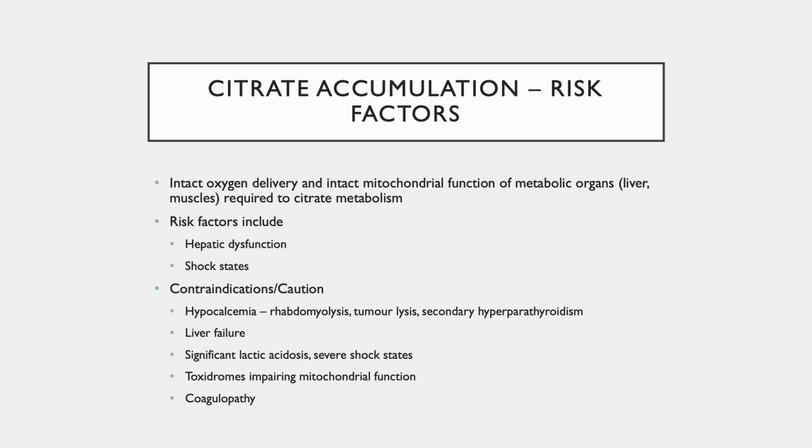For the liver to be able to metabolize citrate, firstly, we need adequate oxygen delivery to ensure that the liver cells and the mitochondrial functions within the liver are intact. In patients in severe shock or with hepatic dysfunction, that can be impaired, and the capacity to metabolize citrate is compromised.